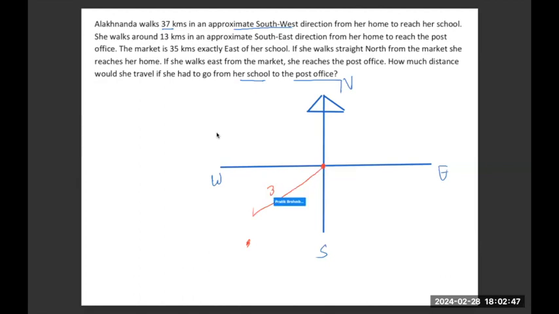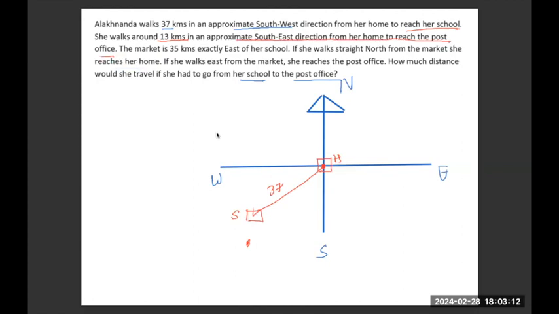She walks 37 kilometers from her home, which means I'm assuming that the center is her home, to reach the school. This is the place where the school is. From this position, she walks around 13 kilometers approximately southeast direction from her home to reach the post office.